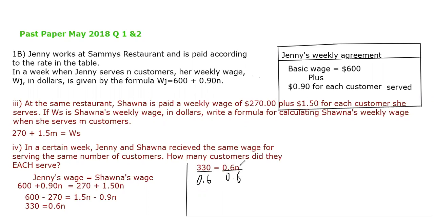Good? Bam, bam. Good? So therefore, n is equal to 550. So you could write in your statement, therefore, they both served 550 customers. Good? So that's the amount that they have served. Now let's move on to question number 2, right?